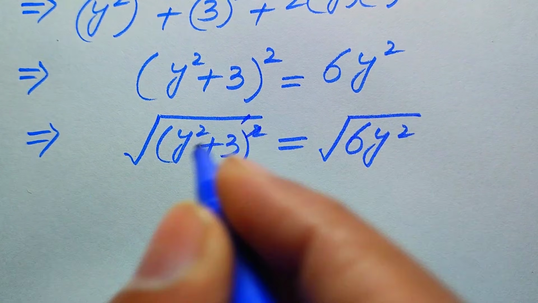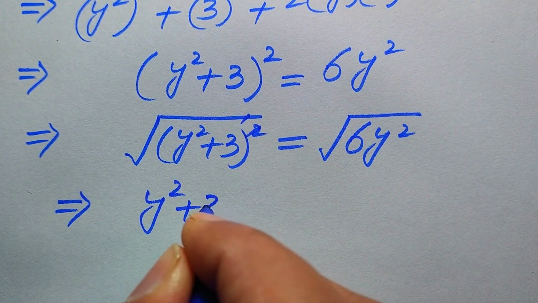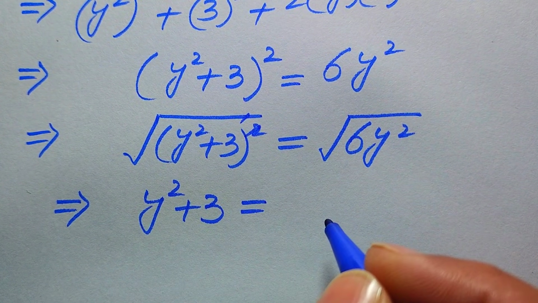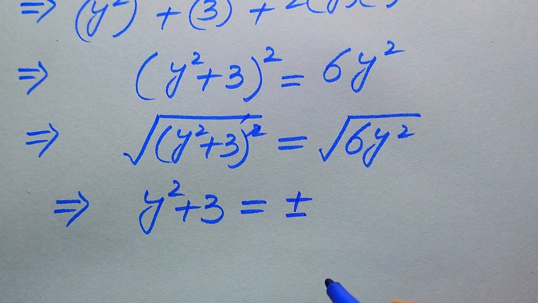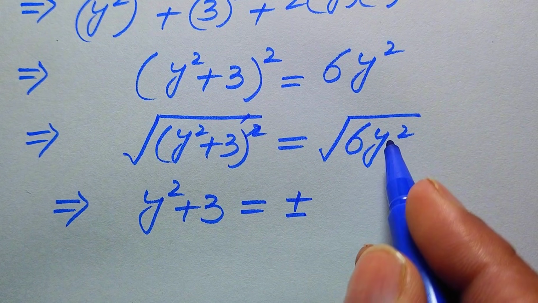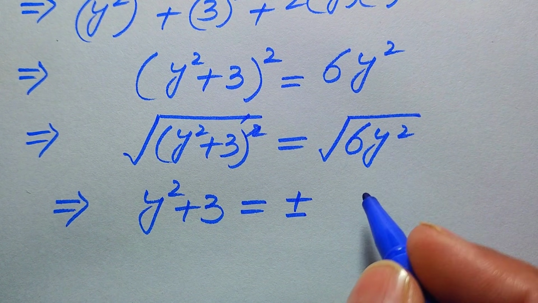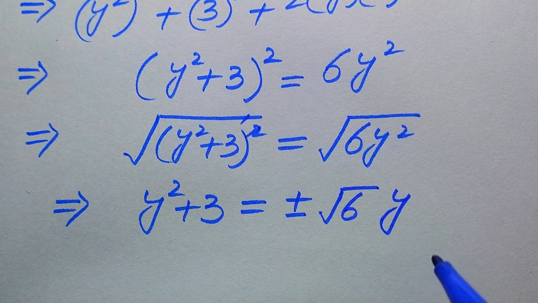So you see here these 2 and the square root are gone, and we get y square plus 3 is equal to, you know about that, we apply square root on both of the sides. So we write a plus minus sign on any one of the sides, and here you see that the square root of y square becomes y, and the square root of 6 we write as it is.